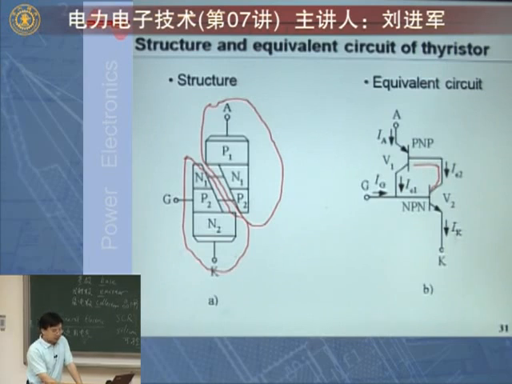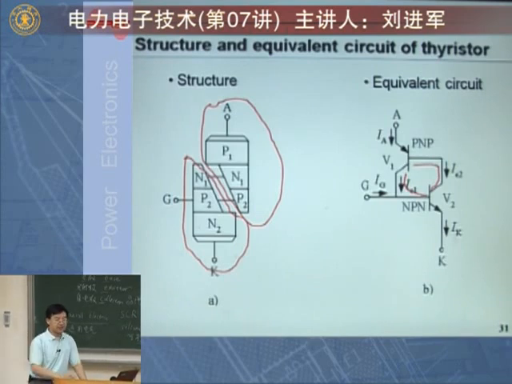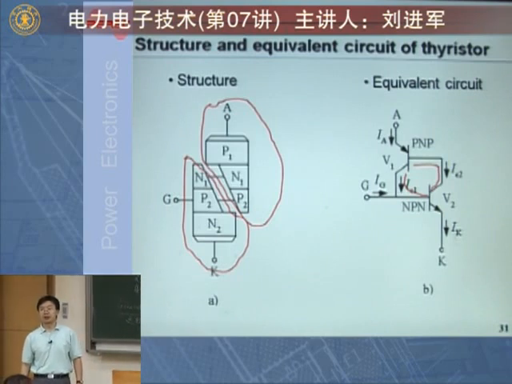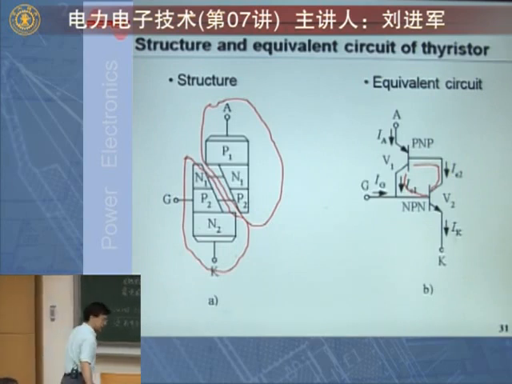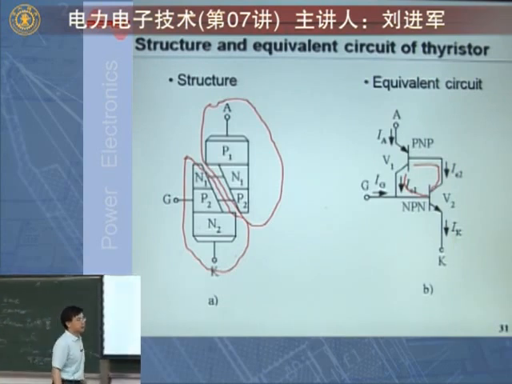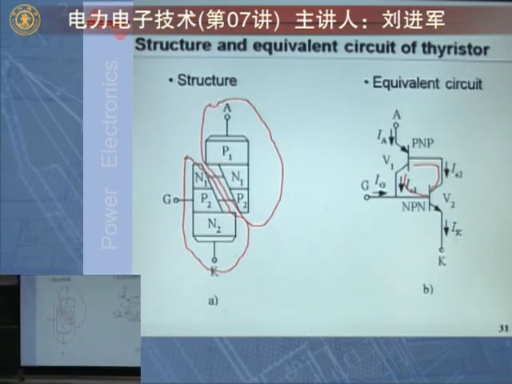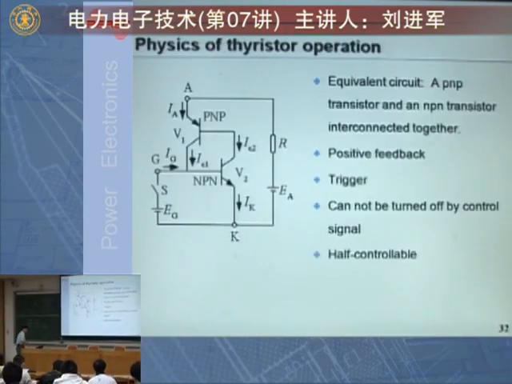The collector of this PNP transistor is connecting to the base of this NPN transistor. That's the connection. So that's not very hard to understand based on the equivalent circuit. And based on the equivalent circuit, we can discuss the physics of operation.